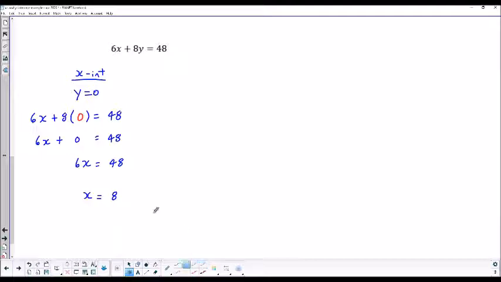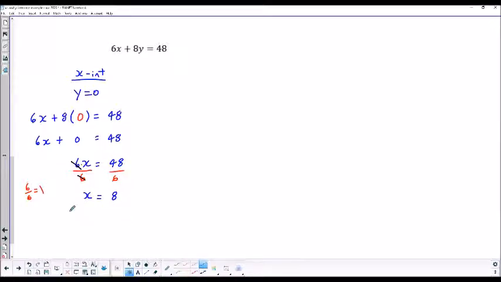If you wanted to do it algebraically, 6 multiplied by x is 48, so if I divide both sides by 6, 6 over 6 as a fraction just equals 1. Those 6's just dissolve into thin air, and that leaves us with 1x, and 48 divided by 6 is 8.